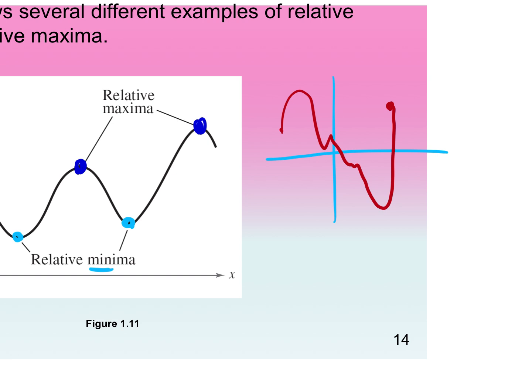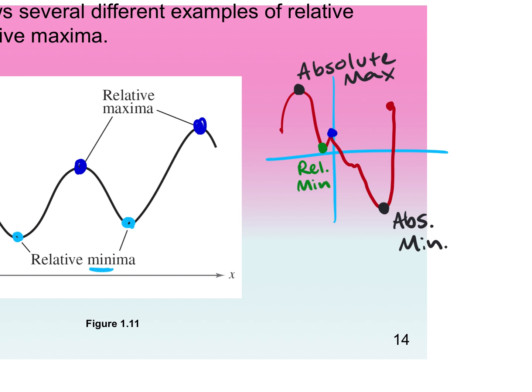Here at the tippy top would be our absolute max, and then at the very bottom would be our absolute min. And then any valley or any hill, this isn't a very good example of a graph because I've got some sharp turns in there, but this would be a relative min. Here we have a relative max.